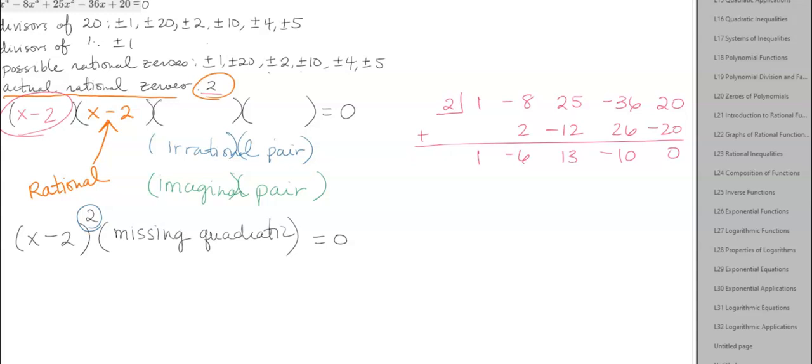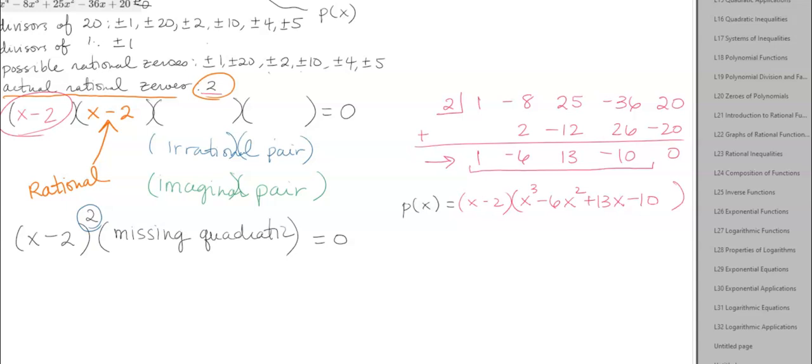Good. So now at this point, what this tells us, I'll call the original polynomial that we started with p of x. We know that p of x does have a factor of x minus 2. And the cubic factor that we're left with from these coefficients is x cubed minus 6x squared plus 13x minus 10.